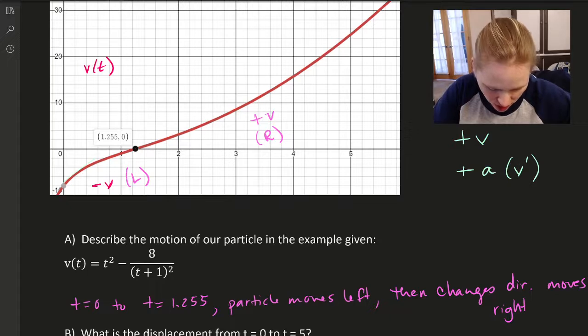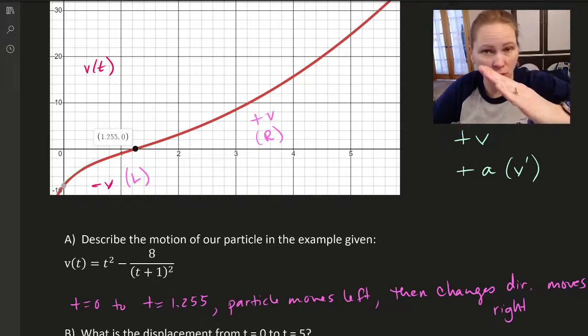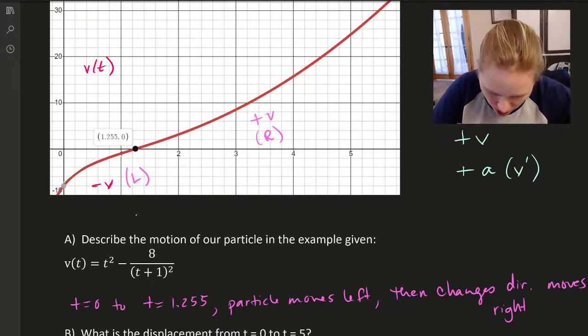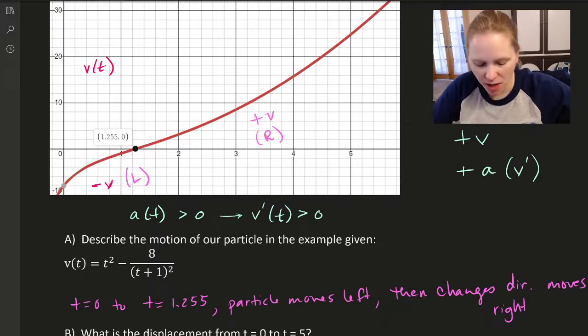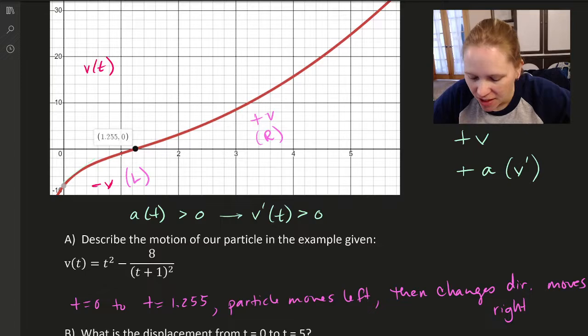The slopes will be sloping upward, a positive slope, so throughout the entire graph my acceleration is going to be positive. So v prime, the derivative, is positive because my graph is increasing. When you have a function that's increasing, its derivative is positive. So we have positive acceleration the entire time.